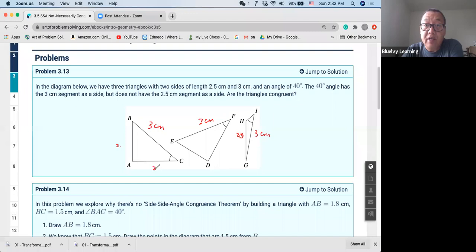2 sides and an angle, okay. This one's 2.5, this one's 2.5.